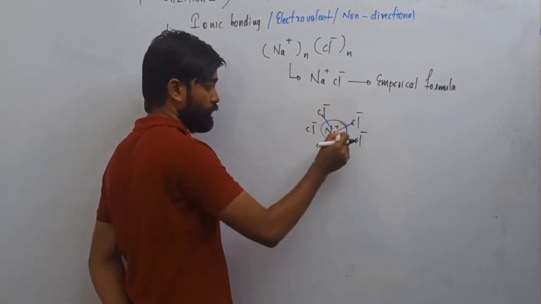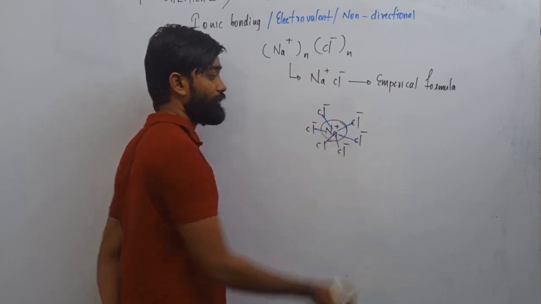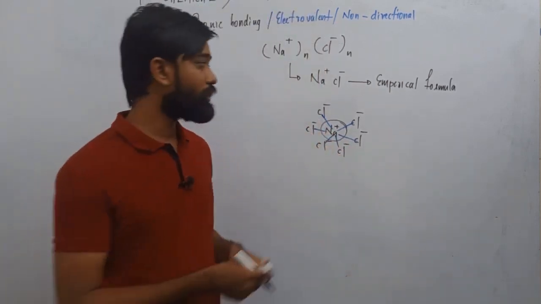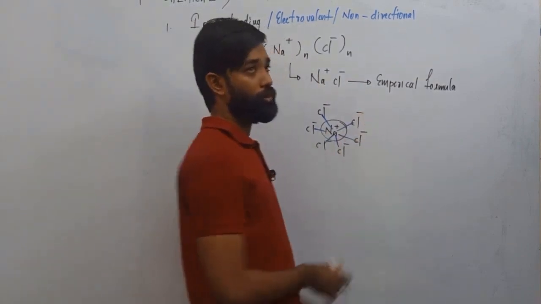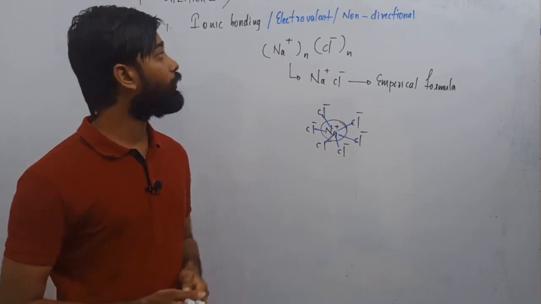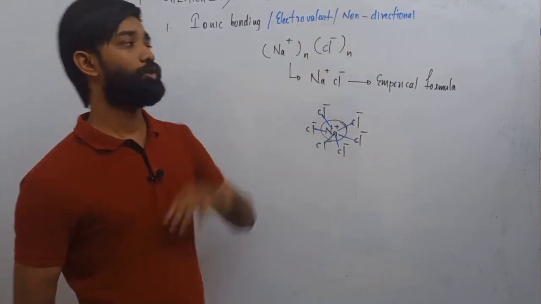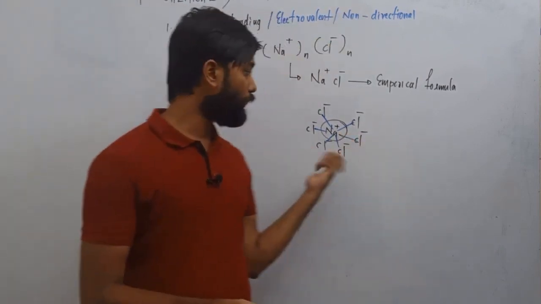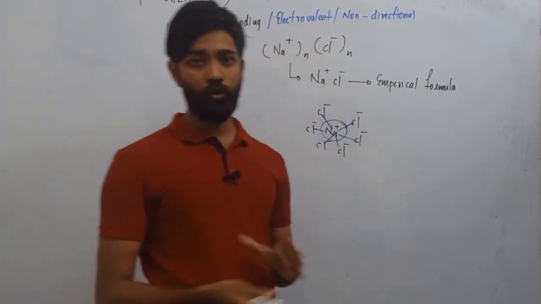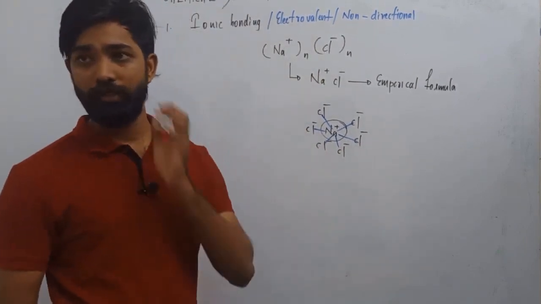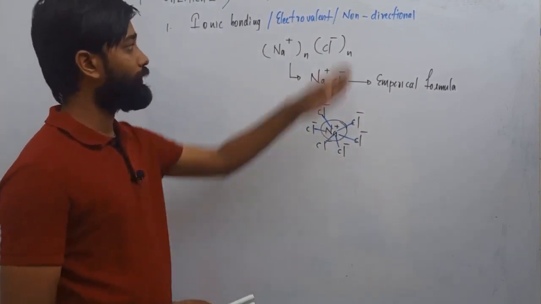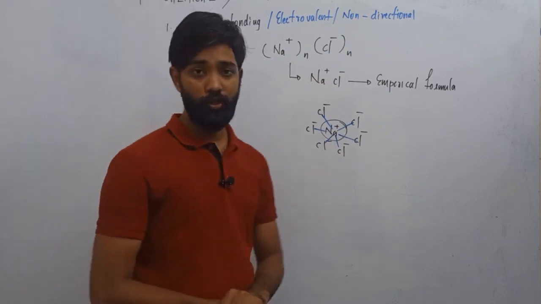Actually, in the structure of NaCl, Na plus is surrounded by 6 Cl minus, right? So the net force of attraction will be 0. So there is no distortion from the lattice structure, and there is no particular direction to that species. That's why it is known as a non-directional bond. Since the net force of attraction is 0, there is no specific direction to the ionic compound. That's why it is called a non-directional bond.